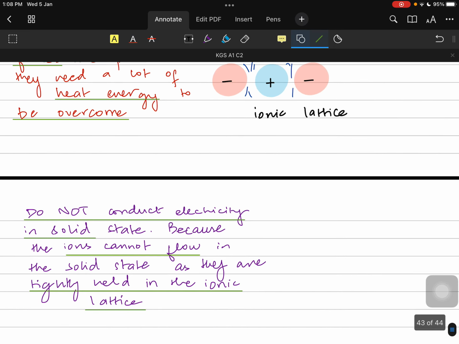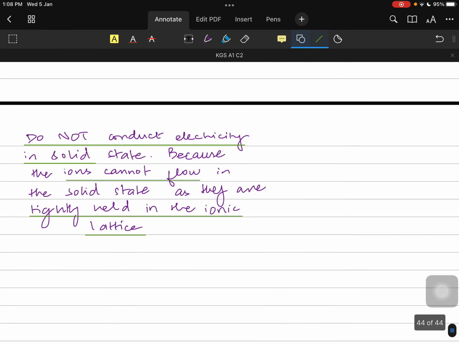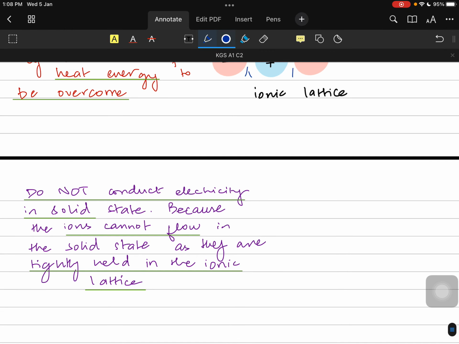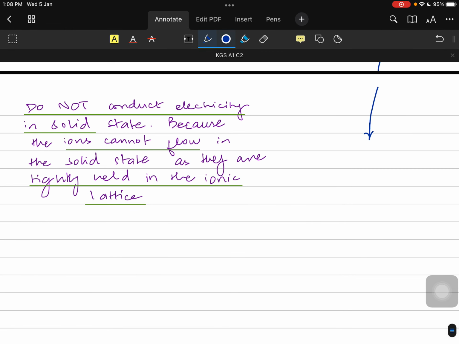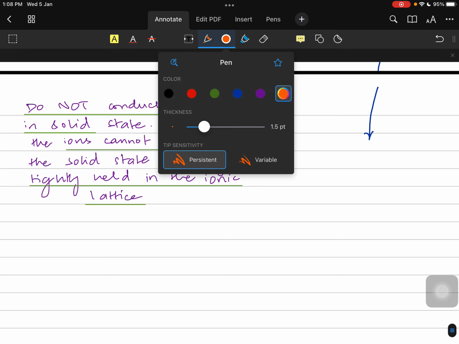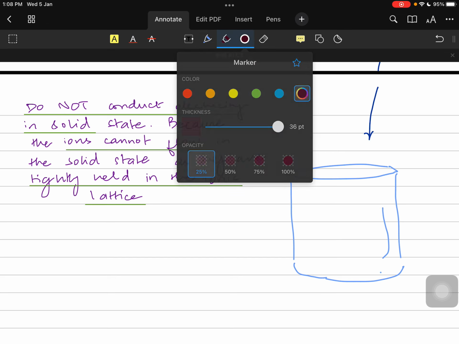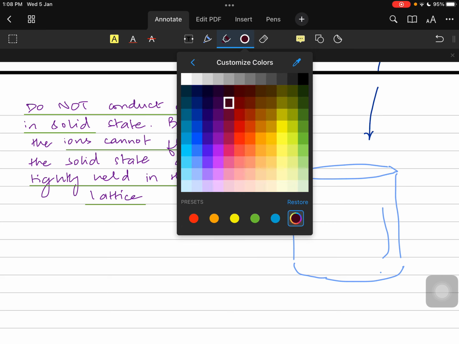So when you dissolve an ionic compound in a liquid, the ions will flow. If I dissolve my ionic compound in, for example, a beaker, let's suppose it's full of water, and let's suppose I dissolve my ionic substance.